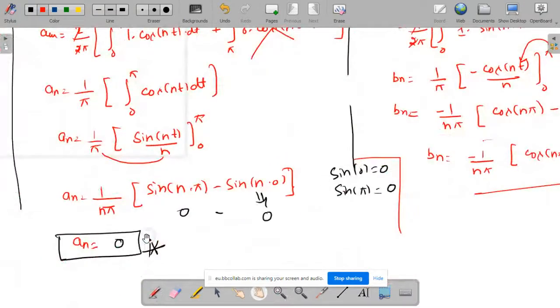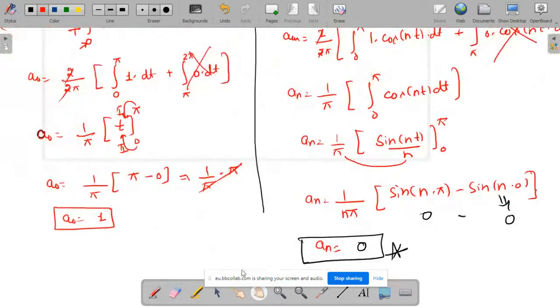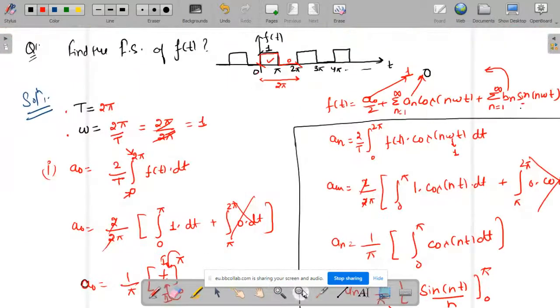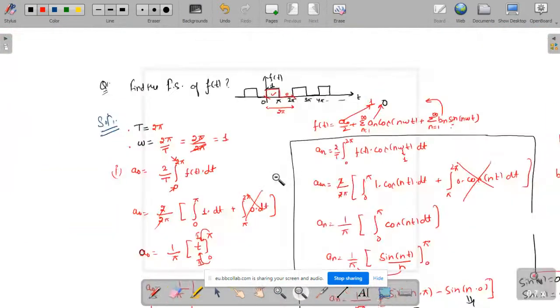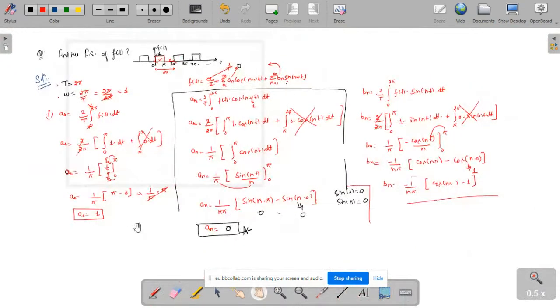This is the value of an, and 0 is the value of a0. So this example looks like this. This is the Fourier series example. But in the exam, it is not possible for the students, I know, to solve this complete one.